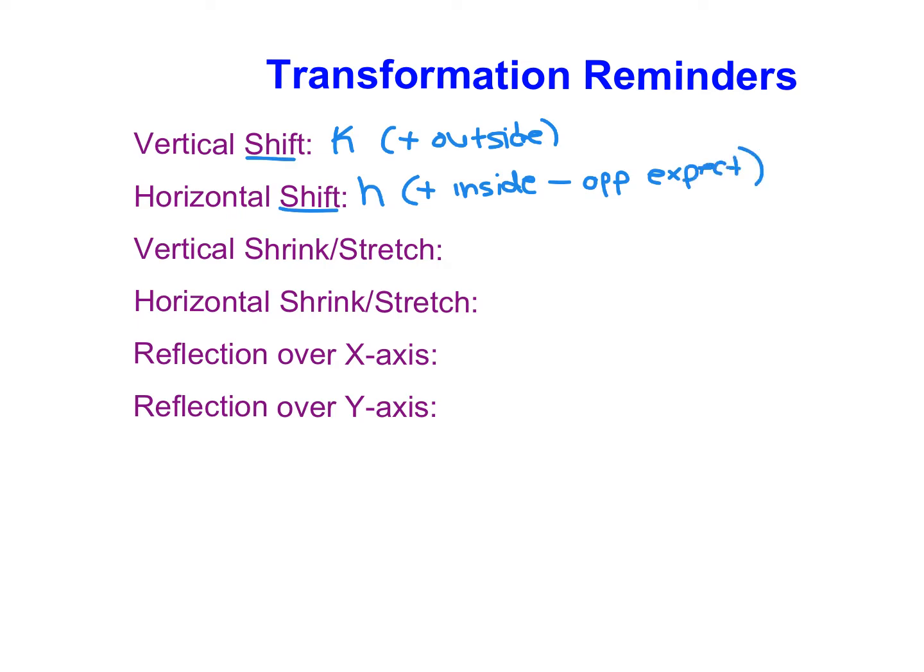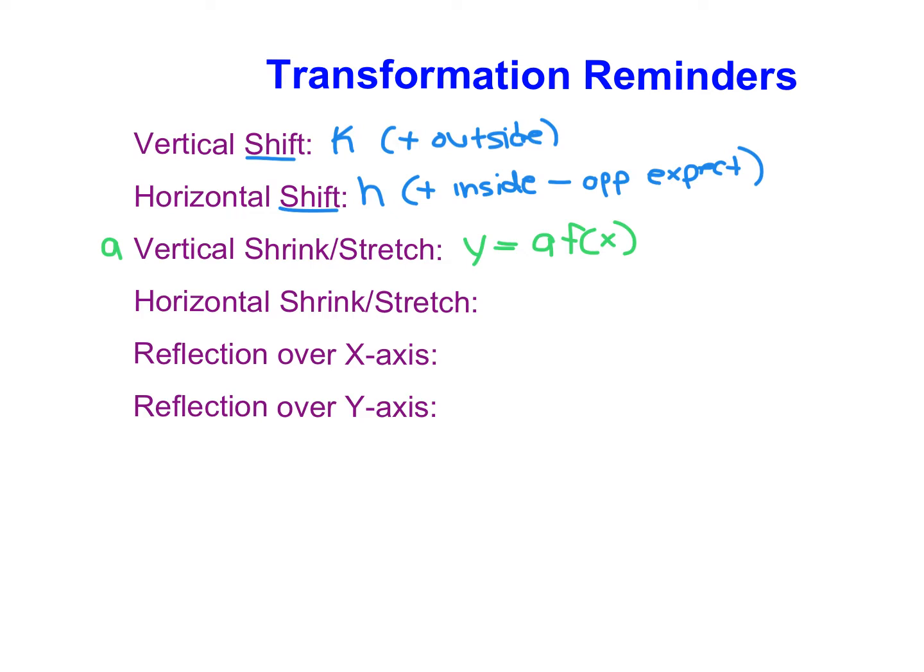Then from here, a vertical shrink or a vertical stretch. Remember, that's when we take the entire function that we have and we multiply it by our a value that we're given. So we have y equals our a value times the entire function, and this is where we had to do some distributive property.